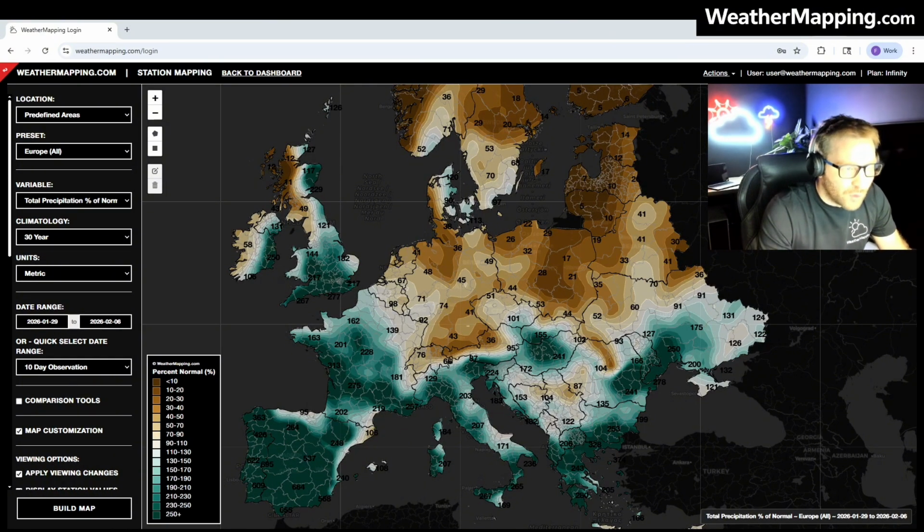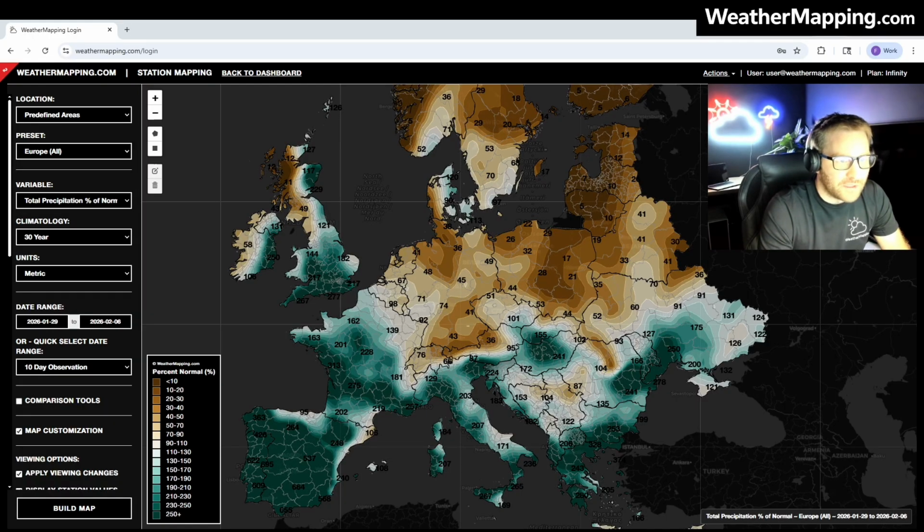Starting in Northern Europe, including parts of Scandinavia, precipitation over the last 10 days has generally been below normal. Many areas are running in that 20 to 50% of normal range, indicating a relatively dry period compared to climatology. This suggests that storm systems have tracked towards the south of this region during this period.